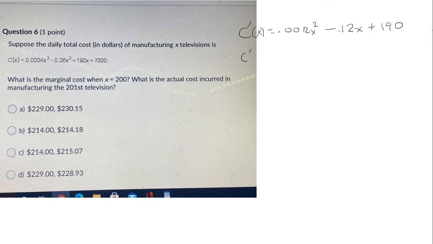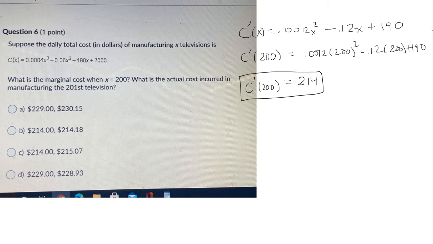And then we need to evaluate it when x is 200. So we're going to plug in 200 for x. And when we do that, we get 214 as the marginal cost.